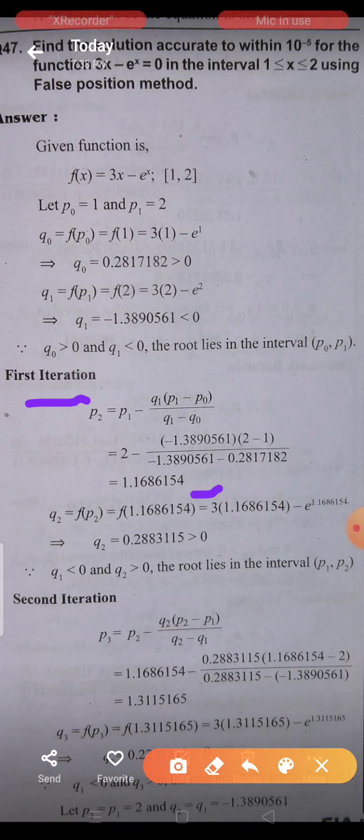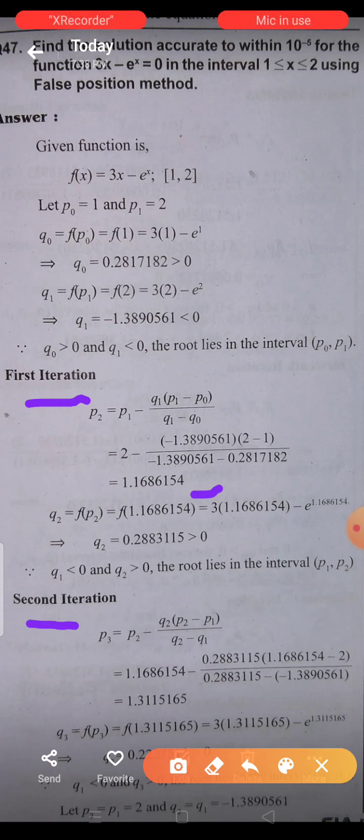This is greater than 0. Since Q1 less than 0 and Q2 greater than 0, therefore the root lies in the interval P1 comma P2.